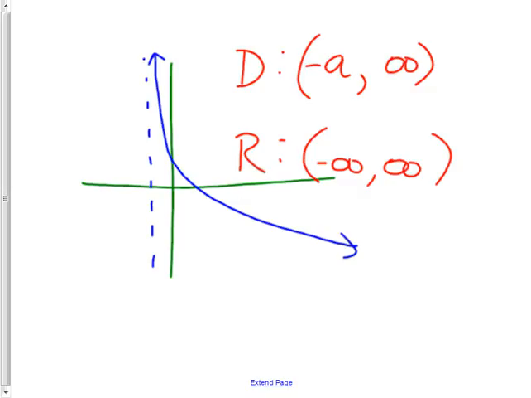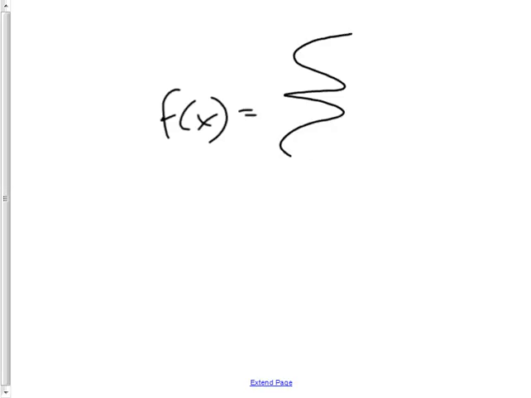Let's do piecewise functions. This I nicknamed a Franken function. It's x to the third, where I'm going to say this is only true where x is greater than 5.